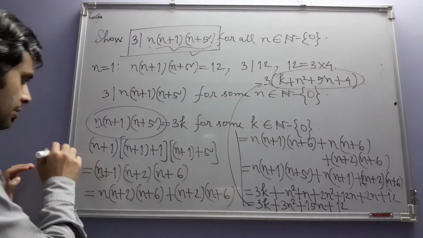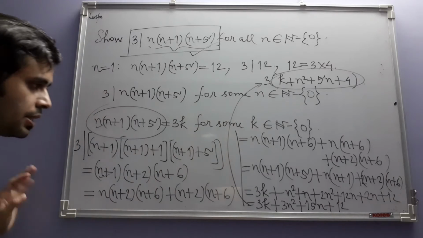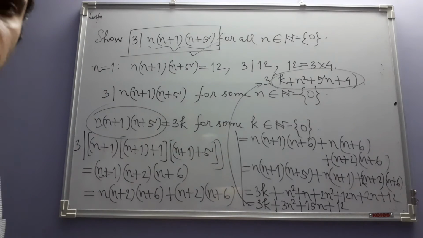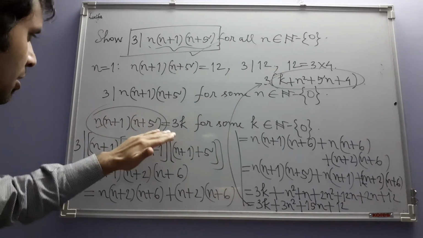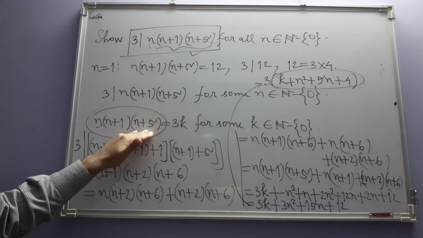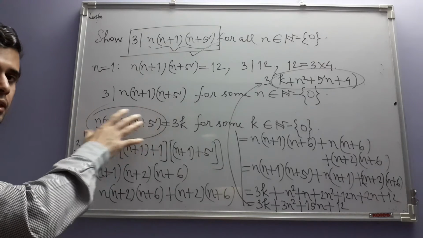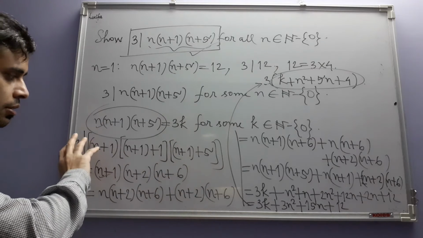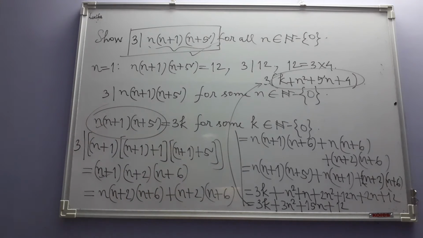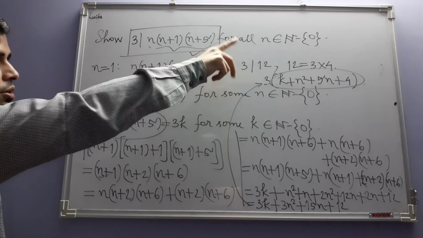That's why this is also divisible by 3. So this is somewhat more complicated than the other problems, because we don't immediately have this expression for using the induction hypothesis, but we can create the expression out of the things we have in the induction steps. So this shows that this is true for all n.